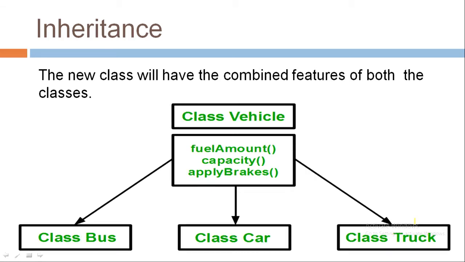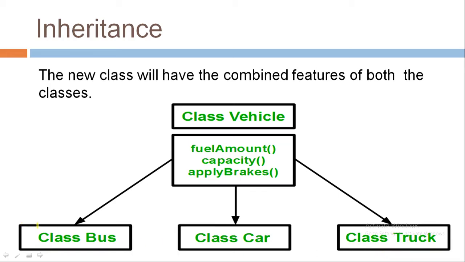From the example here, in inheritance, we can see the main class is class vehicle, which has three behavioral functions: fuel amount, capacity and apply brakes. It has three subclasses: class bus, class car and class truck.